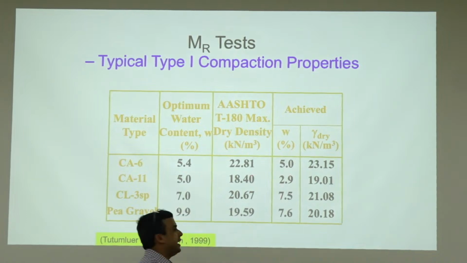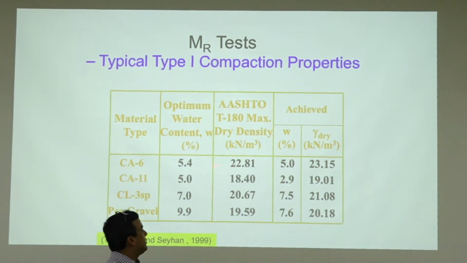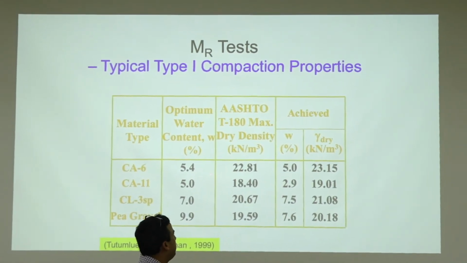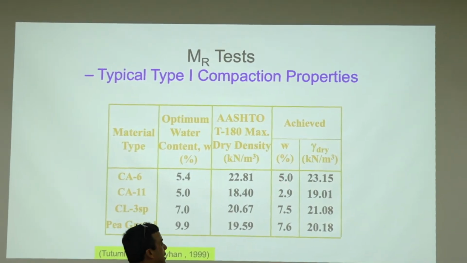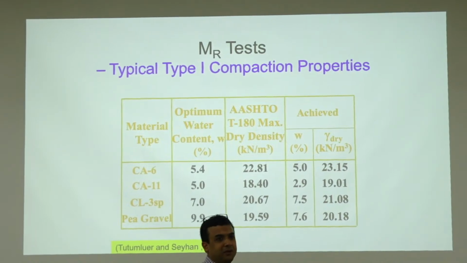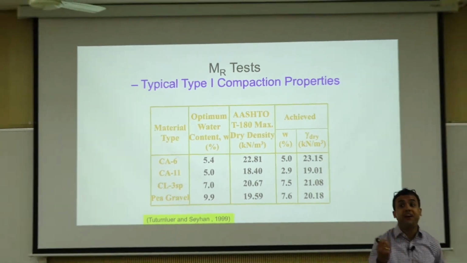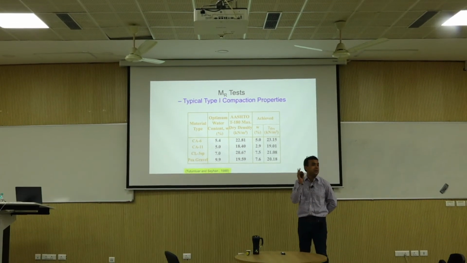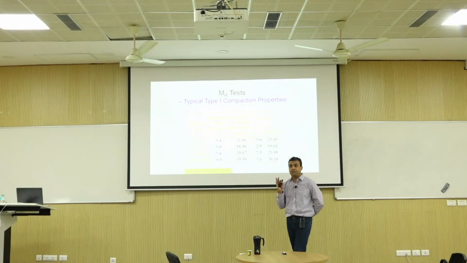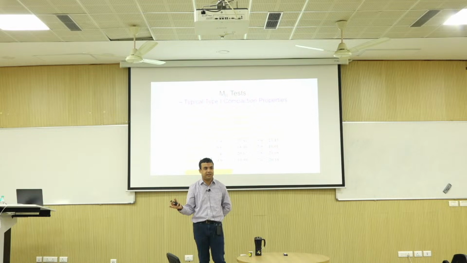This is something, again, experimenters, you need to really understand: your optimum water content and the dry density. This is the density established. When you're doing a modulus test, don't just report this, always report the achieved values, because that is what the sample actually knows, right? There's also a very big difference, for those who are working with aggregates especially, between added water and actual water retained in the sample.